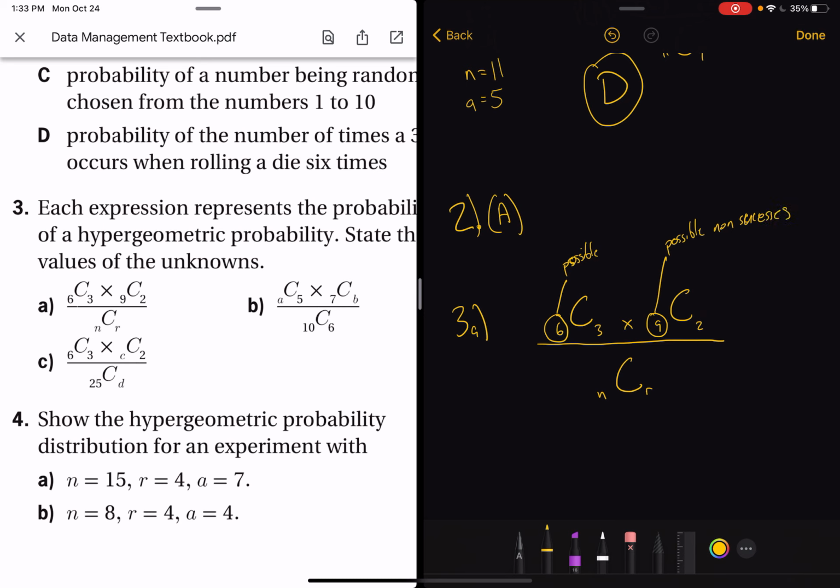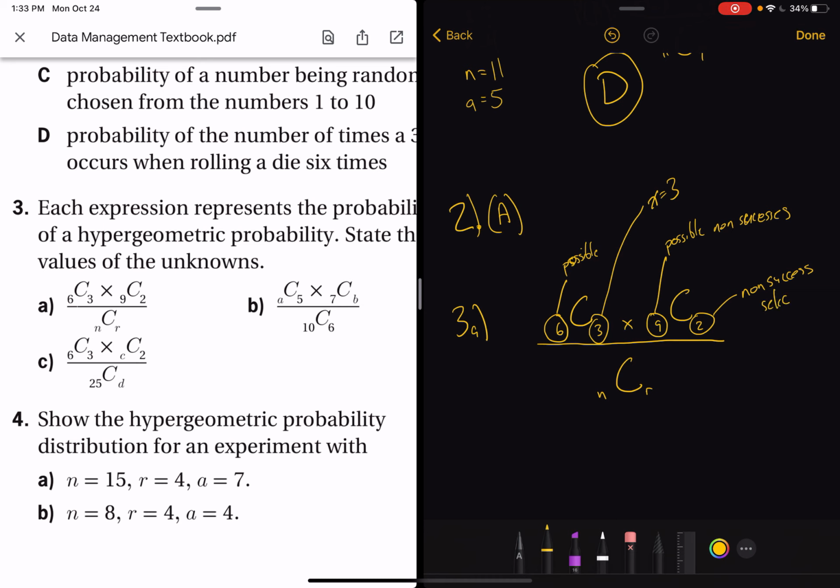So we're calculating the probability that we select 3 successes out of the 6. So x equals 3, right? And 2 non-successes, assuming we're doing successes first and non-successes second.